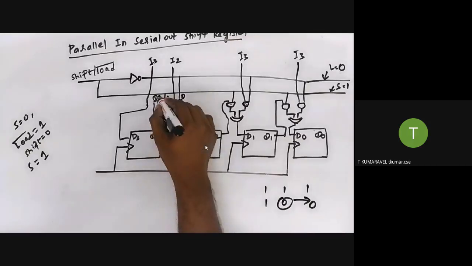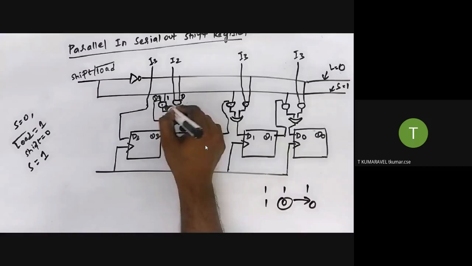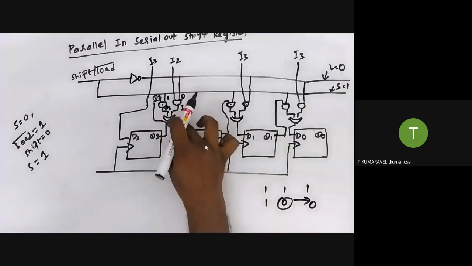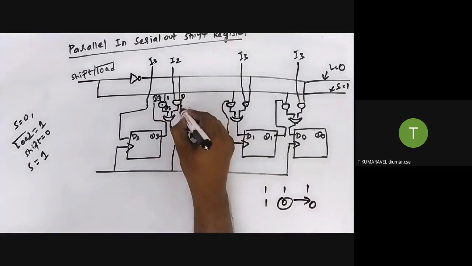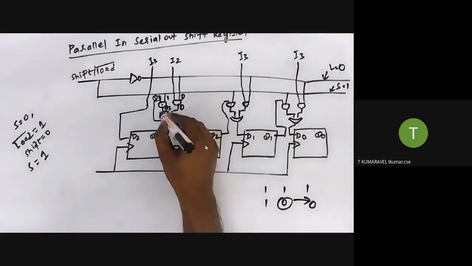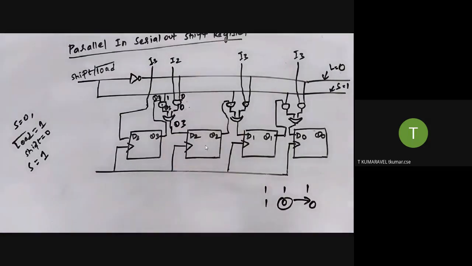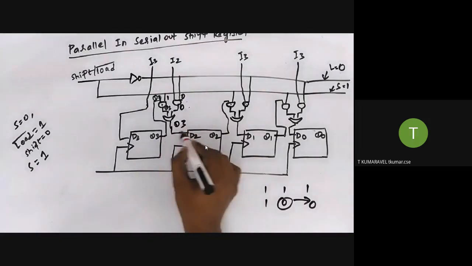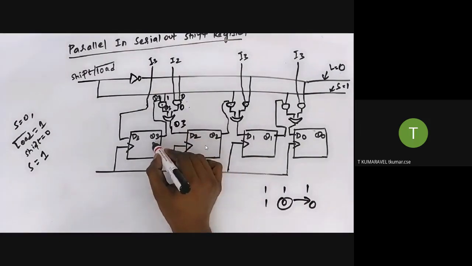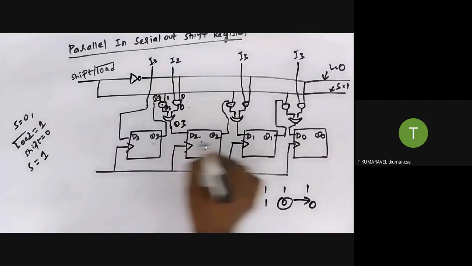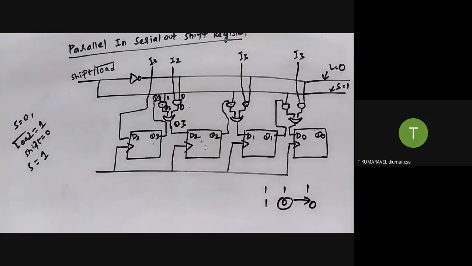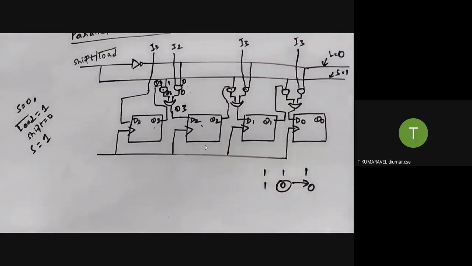Similarly here, Q3 is the input, the Q3 is going to generate this output. Here this is a 0, another input is Q3 as an output. So based on that, we are shifting the data from here to there. This is where we are going to perform the shifting operation. Okay, are you able to understand?